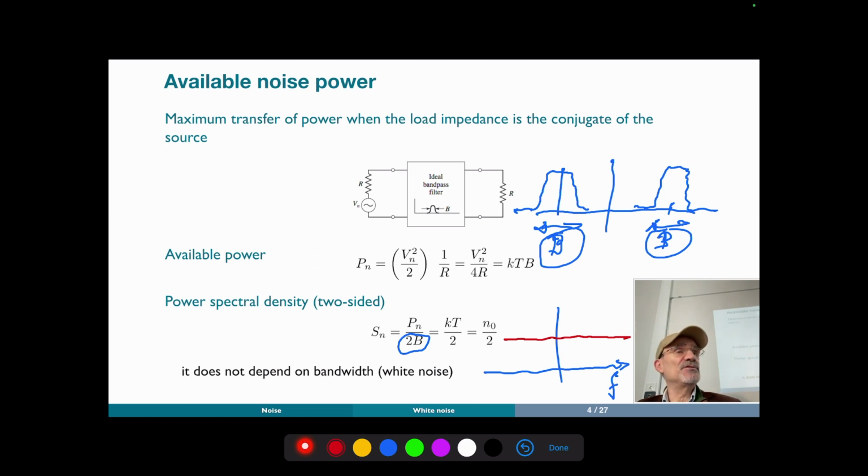And that's why it is called white noise, because this is a comparison with what happens in the visible spectrum, right? Because white light contains all the colors within the visible spectrum from violet to red, okay? And when you mix all these colors, you get white. And so since this noise is flat over frequency, it contains all the frequencies, that's why it's called white noise. Okay.